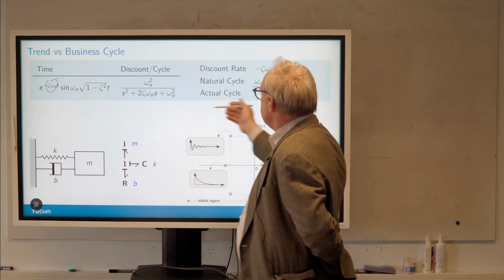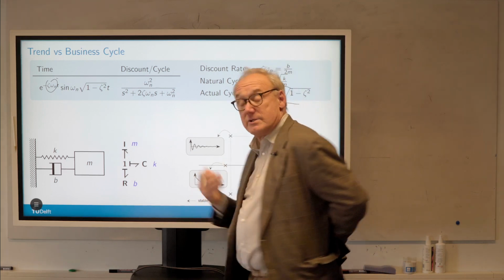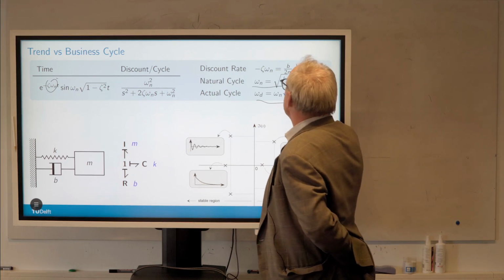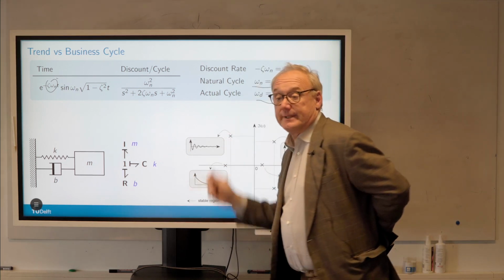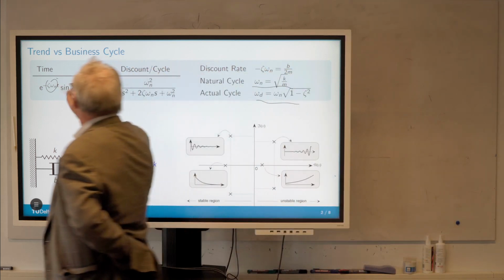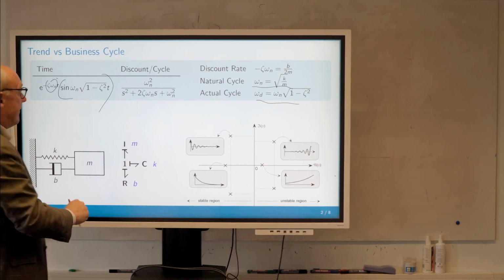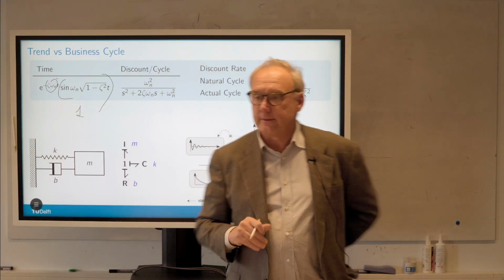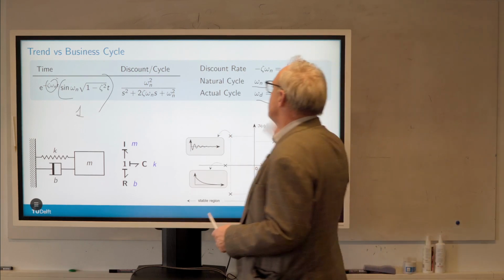Then you will see the actual cycle. There must be the damping, so it's not really going at that unless there is damping. And of course, our old discount rate just shows up here, okay? So if we forget about all these things here, then the thing is just going down. If this thing is just 1, then it just goes down, discount rate, okay? All right, so this puts us in good shape.